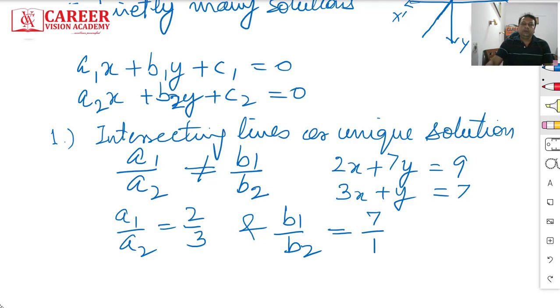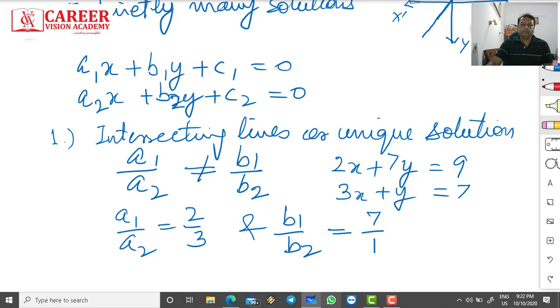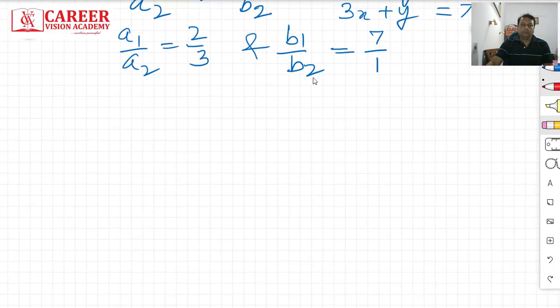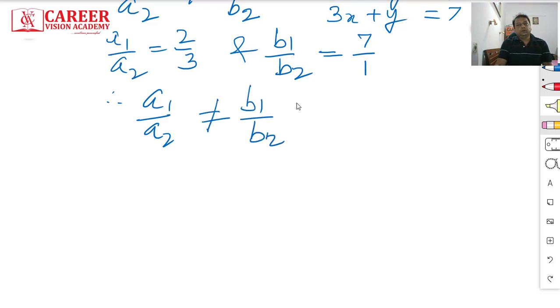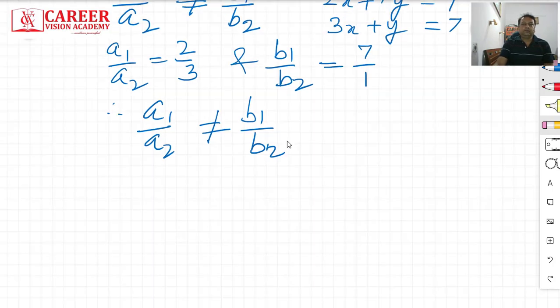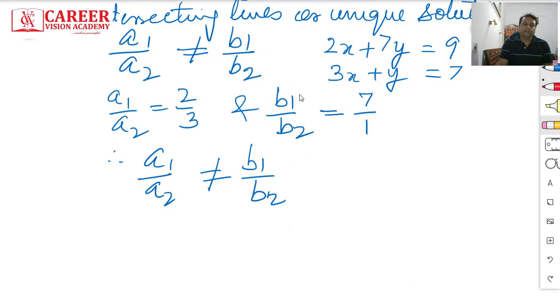So clearly a1 upon a2 is not equal to b1 upon b2. Therefore we say the lines are intersecting. Or the converse: if it is given that the lines are intersecting, that means a1 upon a2 is not equal to b1 upon b2.